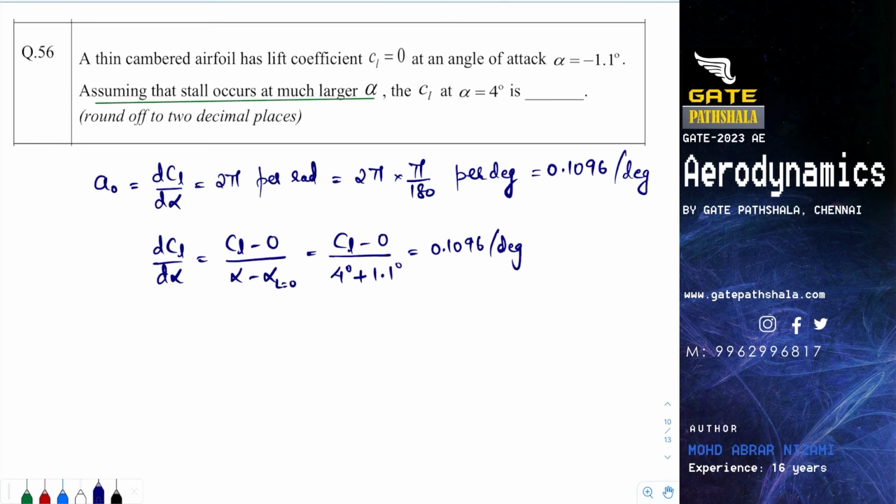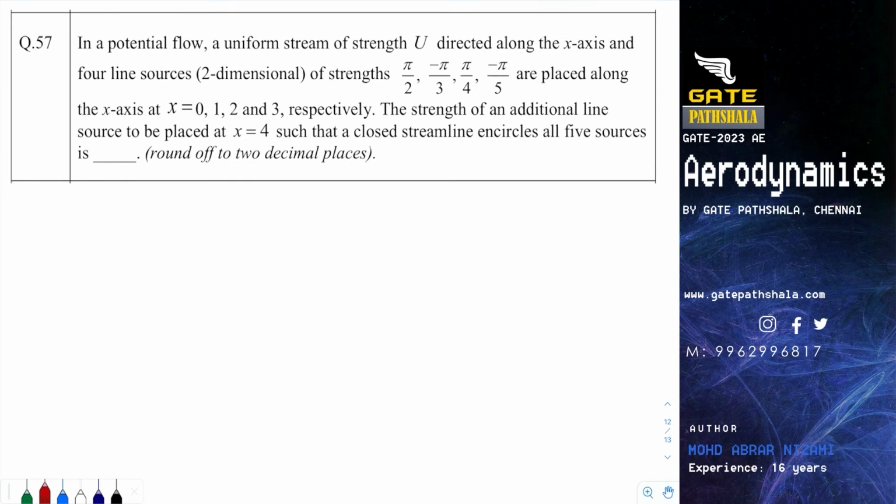Now you can directly compute the non-dimensional coefficient CL as 0.559. Rounding off to 2 decimals, the answer should be 0.56. Fine guys, moving on to the next question.